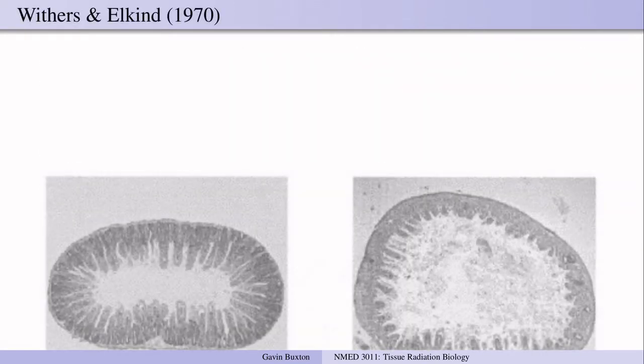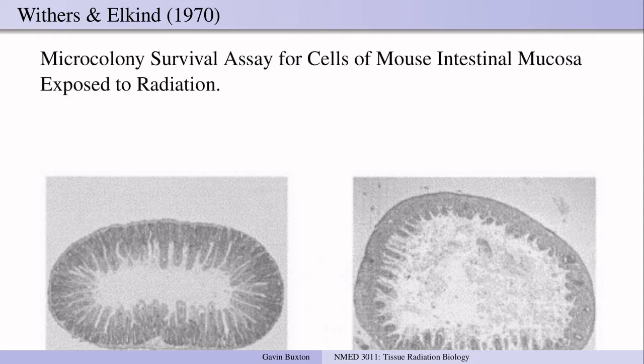Many clonogenic assays are in vitro. And when we talk about in vitro, we're sort of talking about in glass, right? While some of them are more in vivo, right? In life. So, for example, rapidly dividing cells that are confined to the crypts of Lieberkühn divide about every 12 hours.